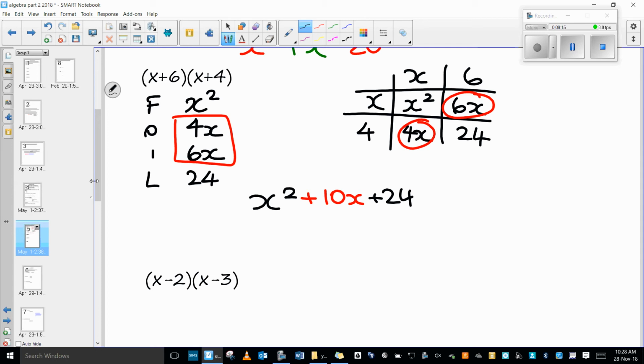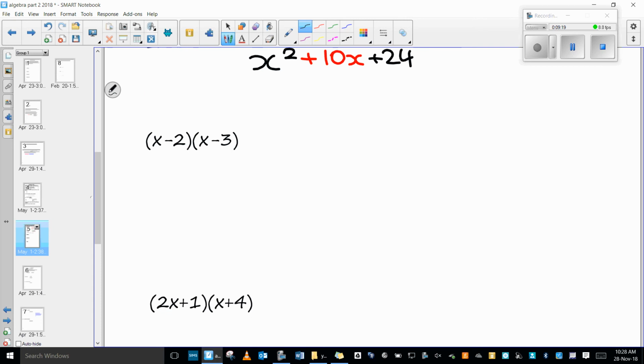All right, x minus 2, x minus 3, so FOIL. F would be x multiplied by x, which is x squared. O is what? Madison? x and 3. Careful. x and 2 and 3. Your instinct was right.